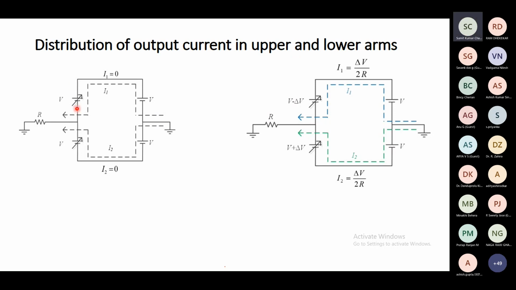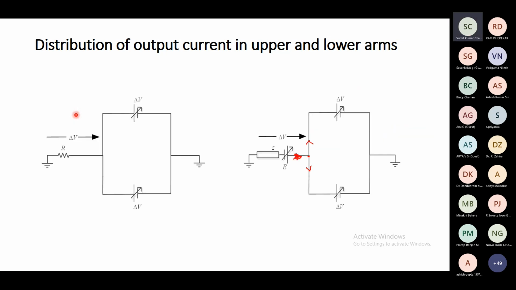So what should be the magnitude of voltage these voltage sources have? What should be the range? That is actually going to determine what should be the range of variable voltage required for those arms.